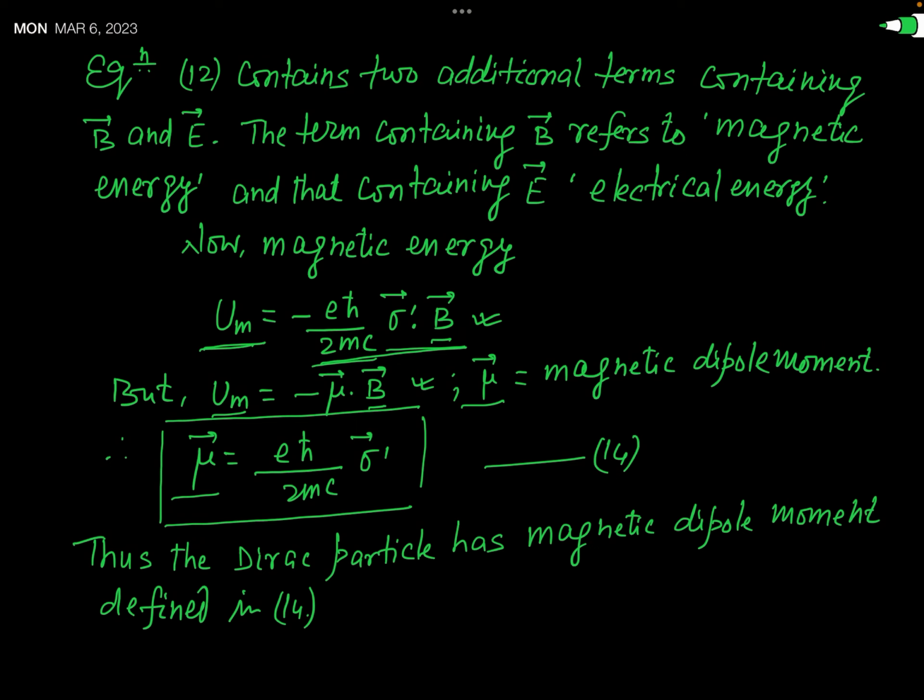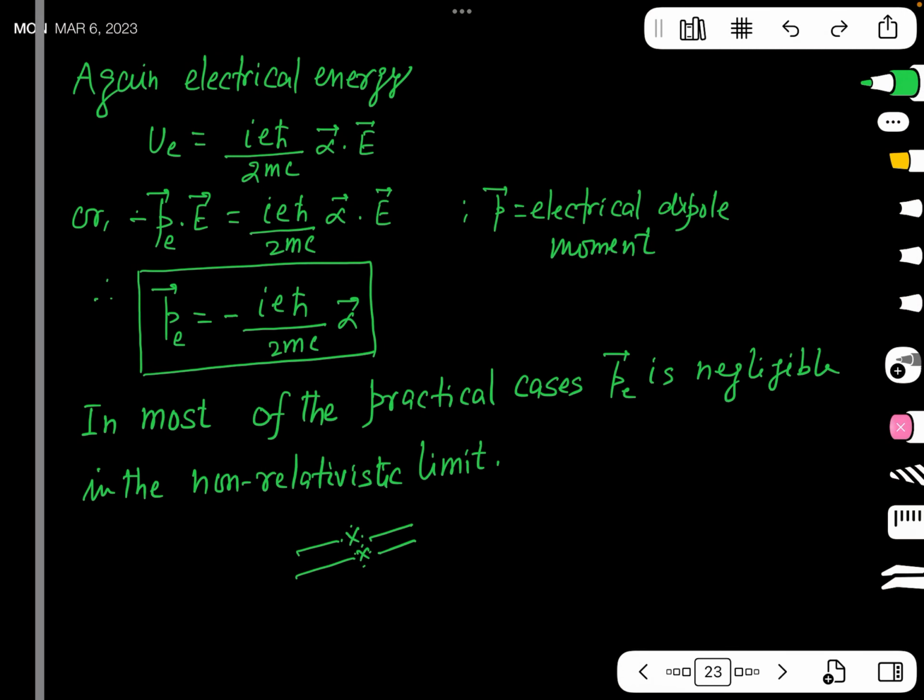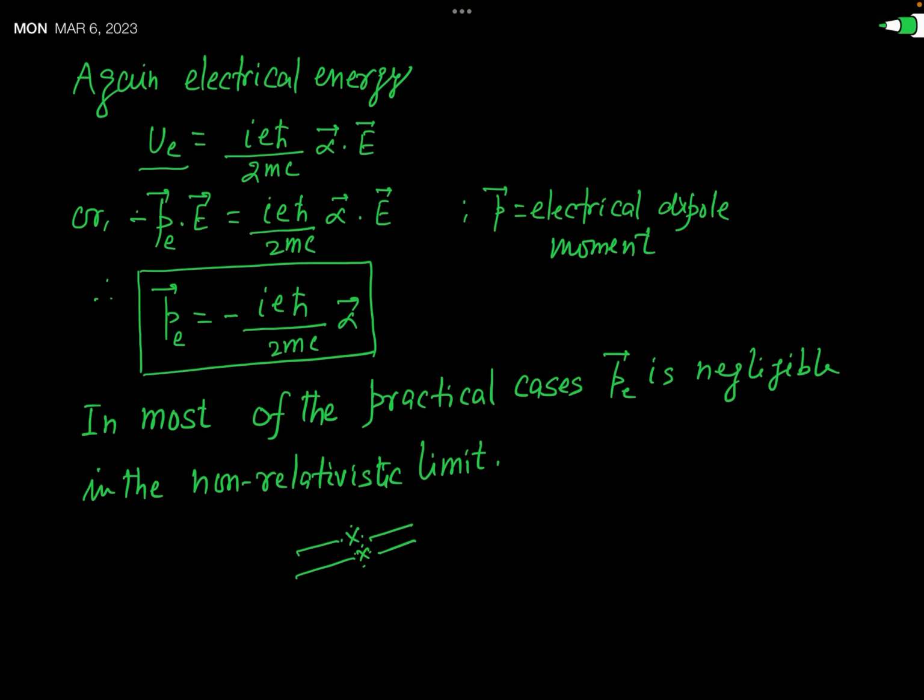Now, the second term containing the electric field vector E will in fact represent the electrical energy of the Dirac particle.